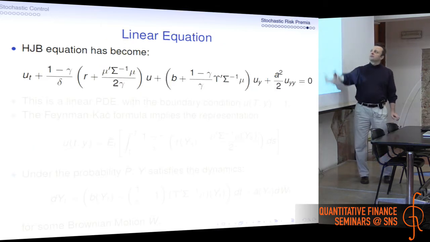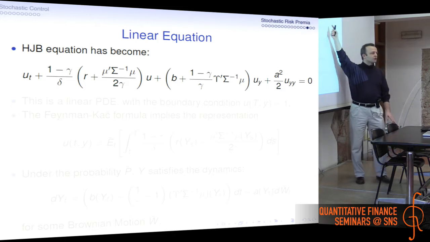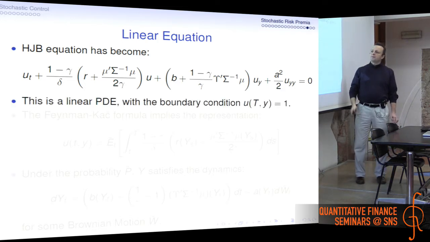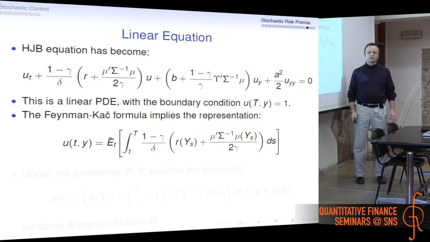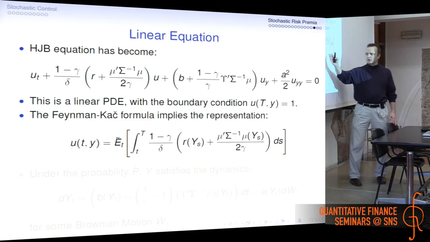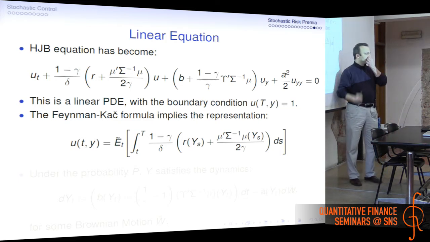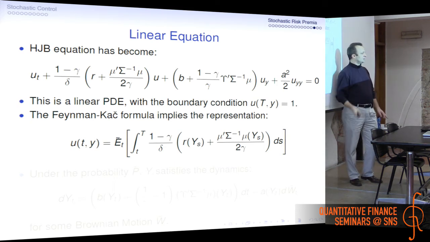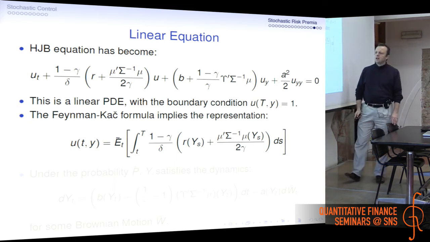If you have this linear equation, you can also try to write the solution in terms of a Feynman-Kac expression, such as this one. And then if you have a way to calculate this easily, either explicitly or with some other numerical method, this is another tool that you can employ. Okay?